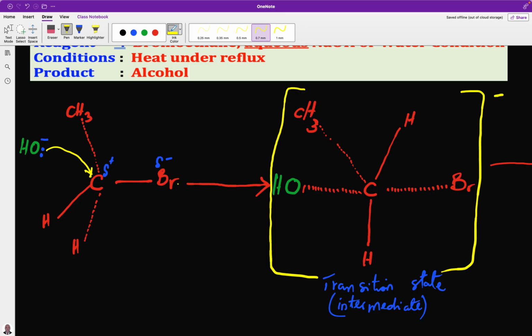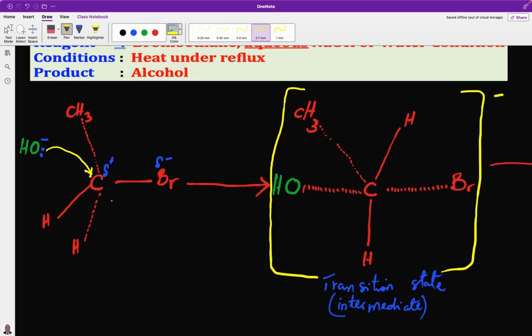So it is at the same time repelling the bromine further away from this carbon. But remember, as the nucleophile is approaching, trying to form a bond with carbon, bromine too at the same time is trying to split.